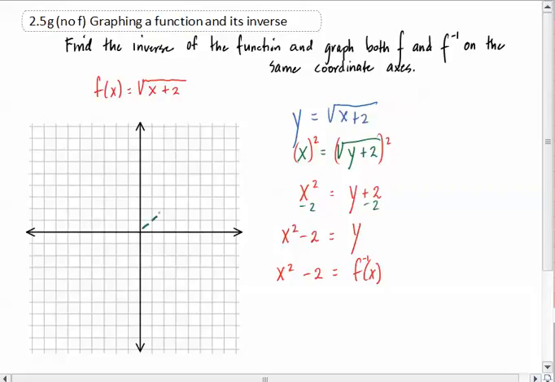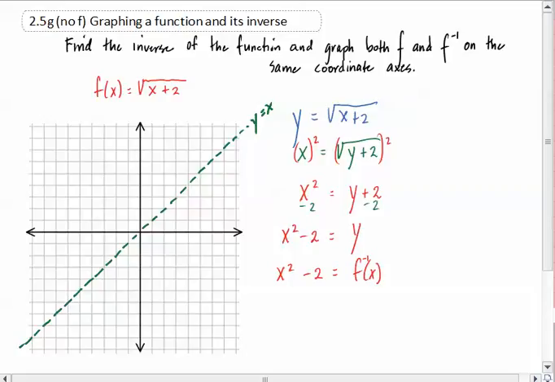So I'm going to put a dashed line through the y equals x line. Now think about it logically. If I find the inverse by switching x and y, then it makes sense that the two pictures would be reflections in a line that is just x and y being the same.